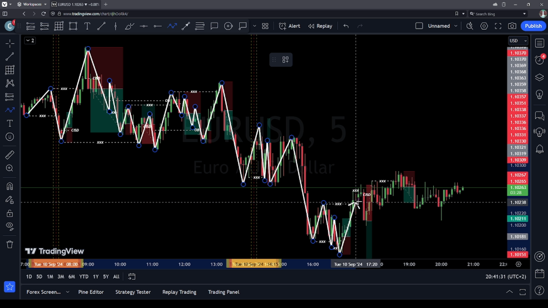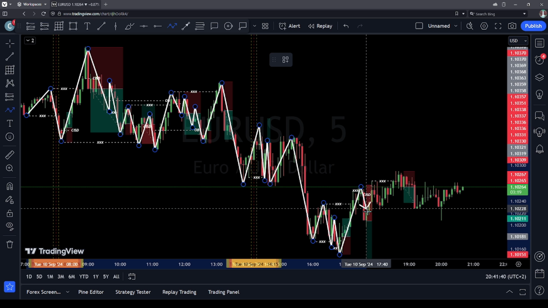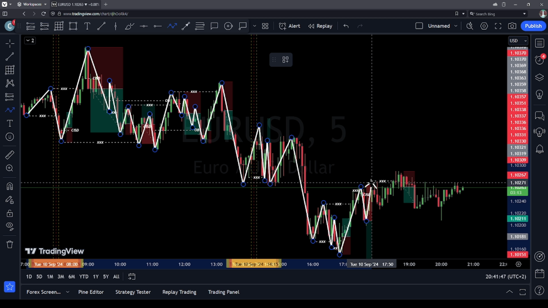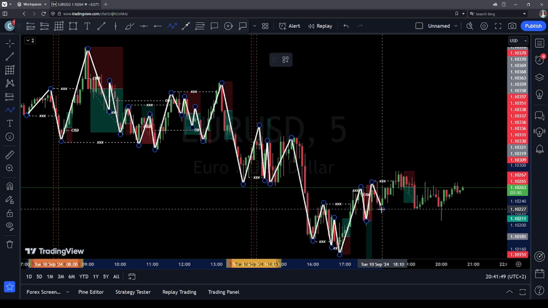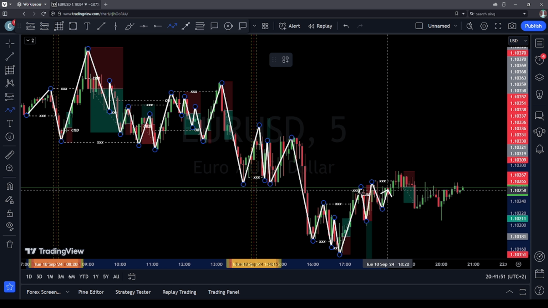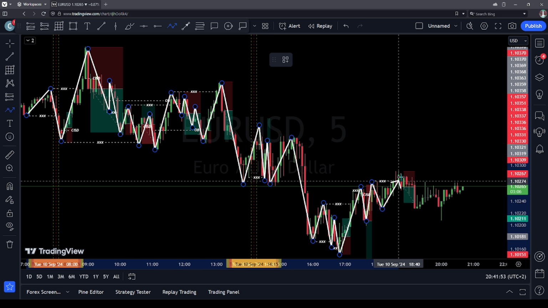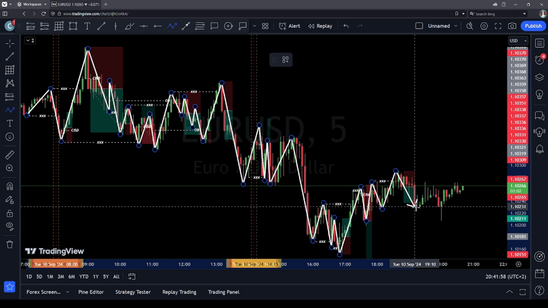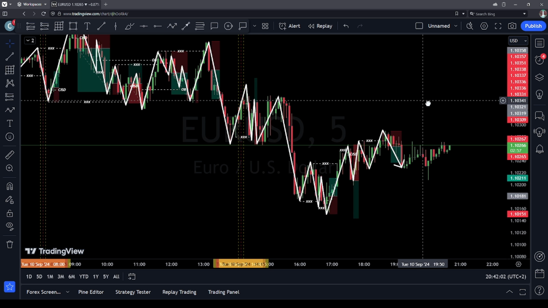Price came to take these highs right here, but failed to create a CISD, came up here, took these highs again, created a CISD. I entered on that candle closure, which then price ended up stopping me right away. Waited a bit, price took these highs right here and created a CISD right there, which I entered on that candle closure, targeted a 1-to-1.